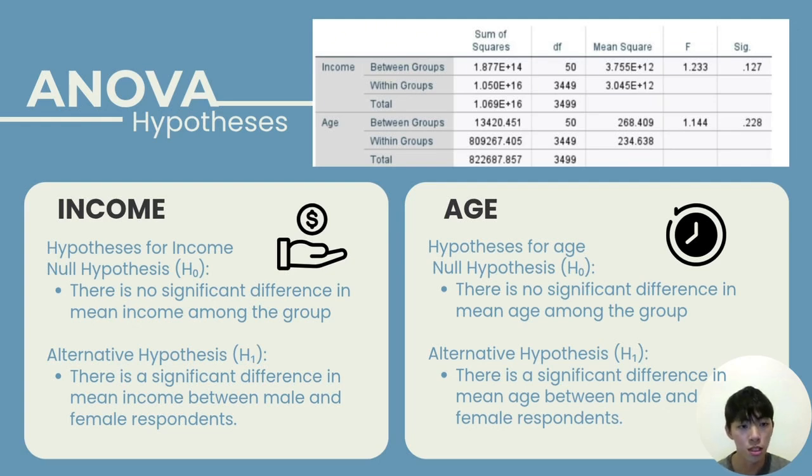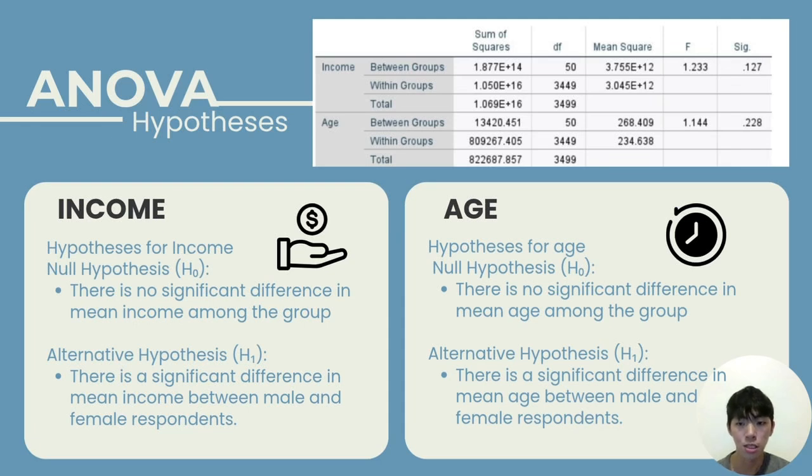Talking about the age hypothesis, the null hypothesis is that there is no significant difference in mean age among the groups, and the alternative hypothesis is that there is a significant difference in mean age between male and female respondents.